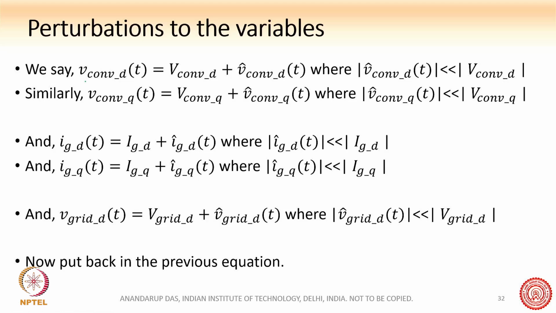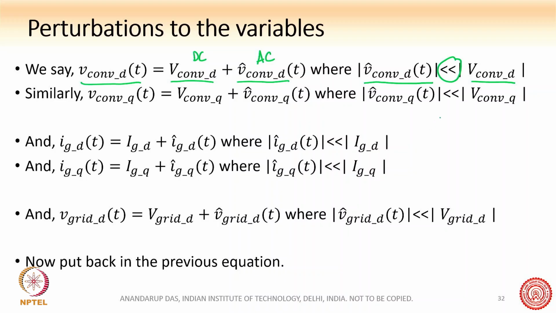You can see what we have done here. For Vcon_d, we write the equation as a DC and a small AC quantity. So this is the DC part and here is the AC part, where the AC perturbation is much smaller in magnitude as compared to the DC operating point.